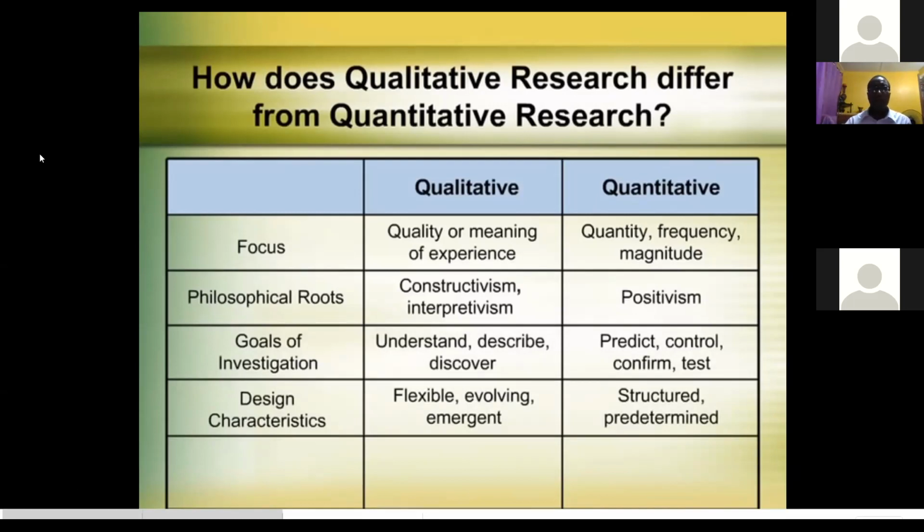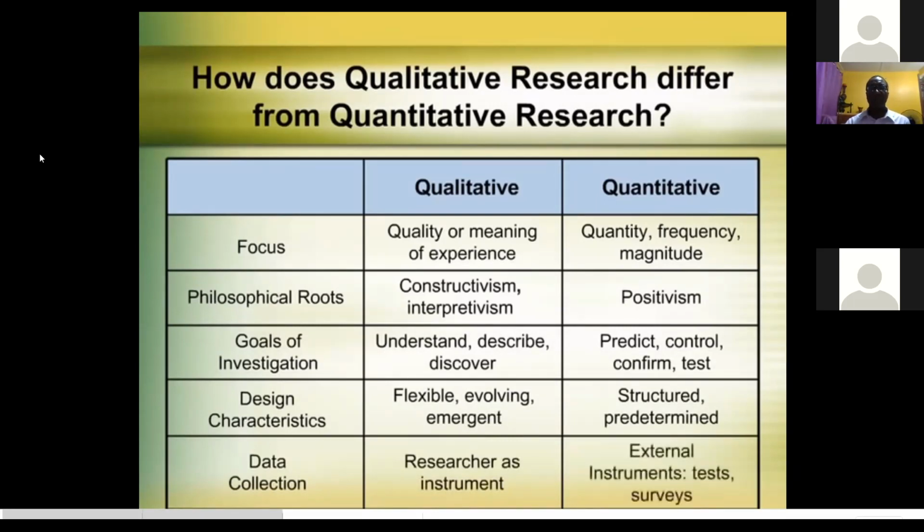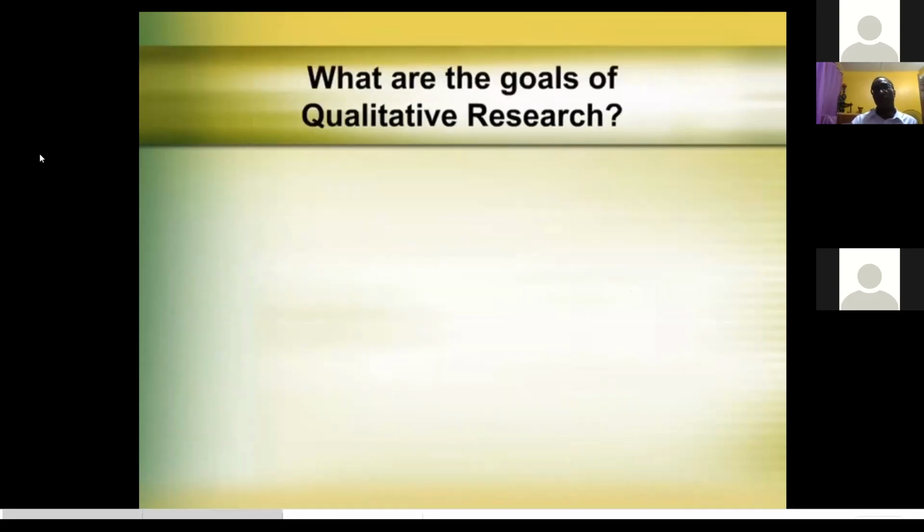Well-designed, valid, scholarly qualitative research has flexible structure and is designed and implemented with the same care and attention to detail as any well-designed, valid, and scholarly quantitative study. Data collection. In qualitative research, the researcher is the primary instrument, bringing his or her own perspectives to the selection and meaning of data. Quantitative research depends upon external instruments such as tests, surveys, or other tools used to measure and quantify a particular phenomenon.